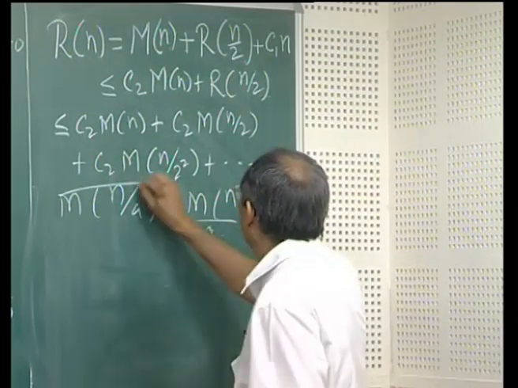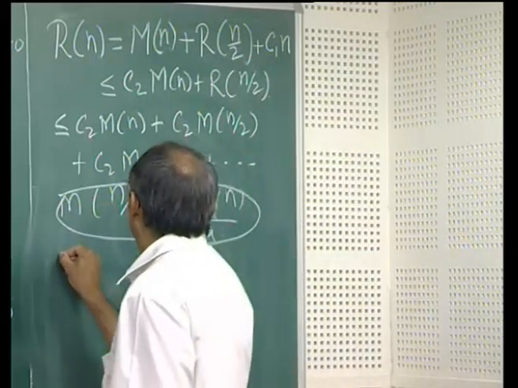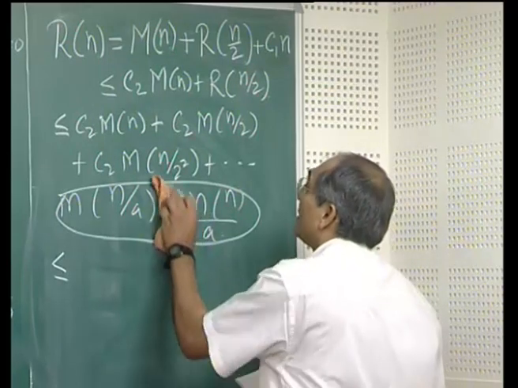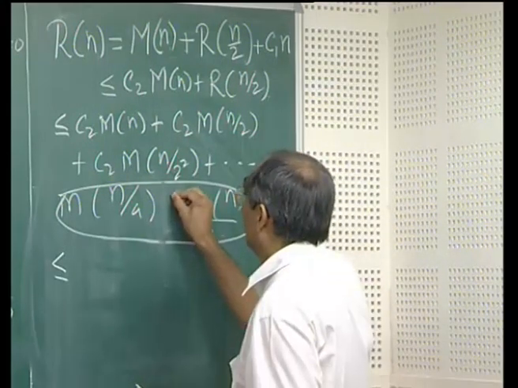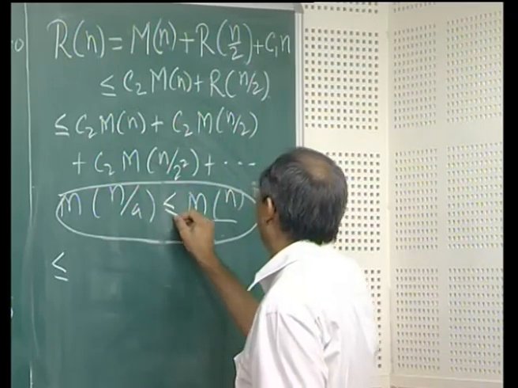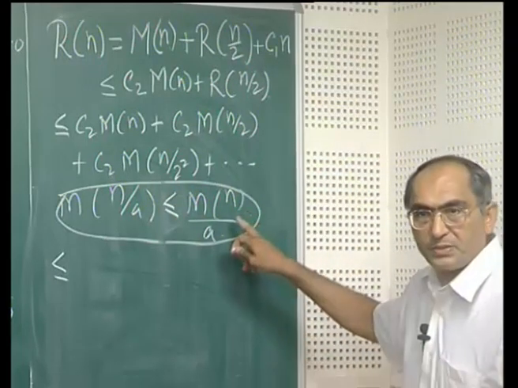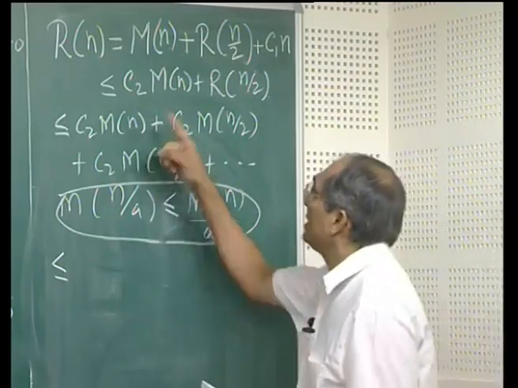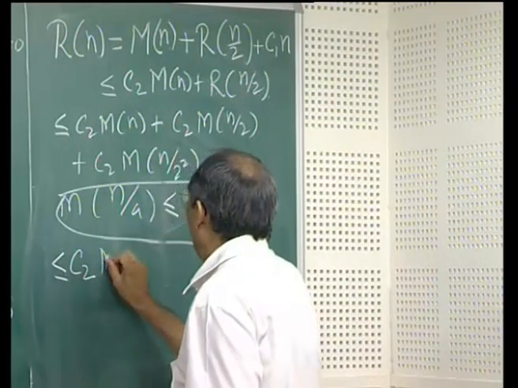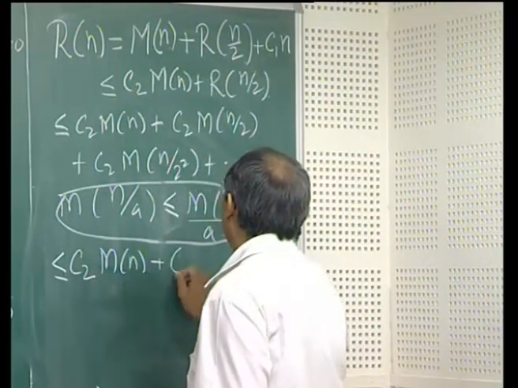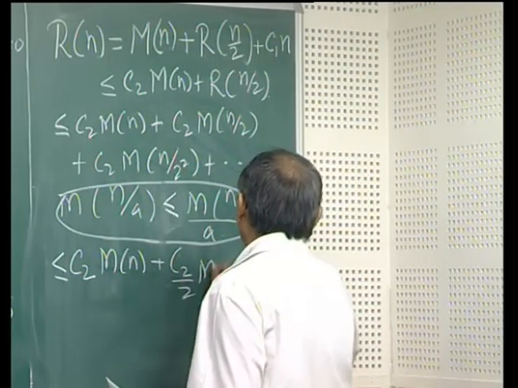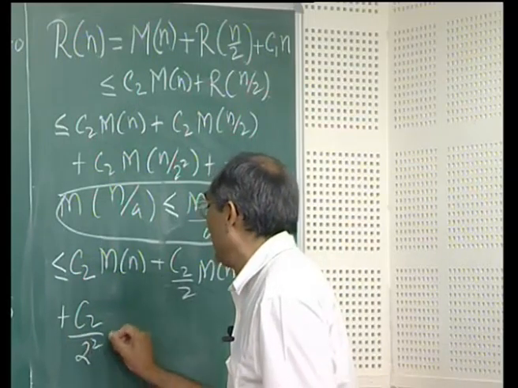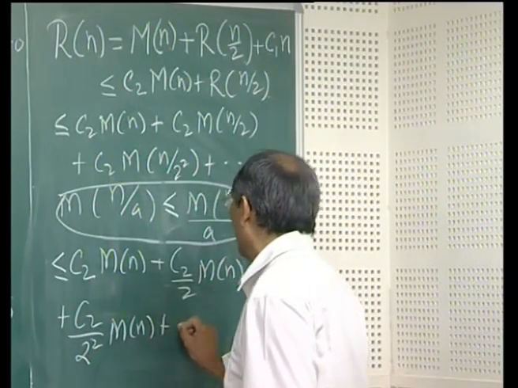So, use this and we can show that, okay, my mistake, the other way around, that this is worse because it is more than linear. So, this thing is equal to C2 M(n) plus C2 by 2 M(n) plus C2 by 2 square M(n) and so on.